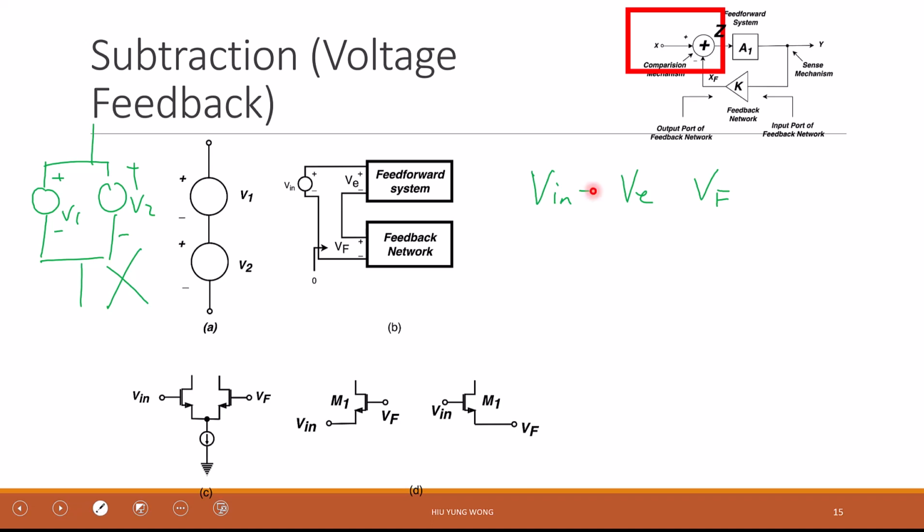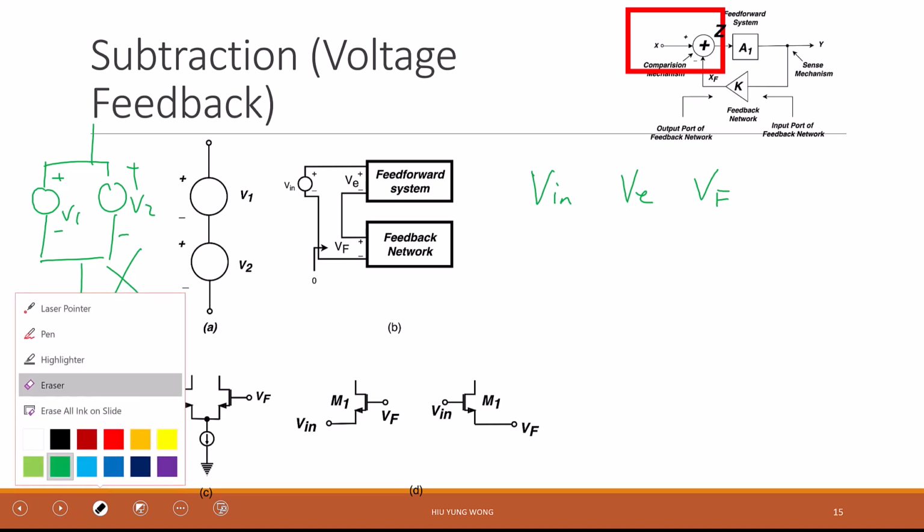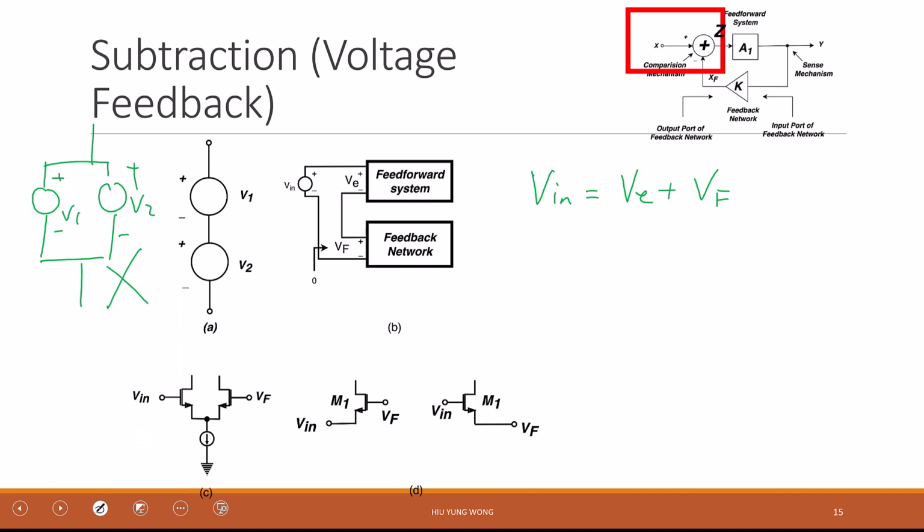No, just use the KVL. V in minus VE equal to what? VF. Right? Or on the other hand, I can say V in equals VE plus VF.